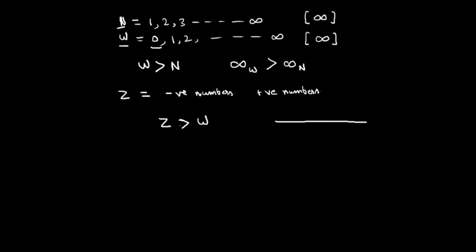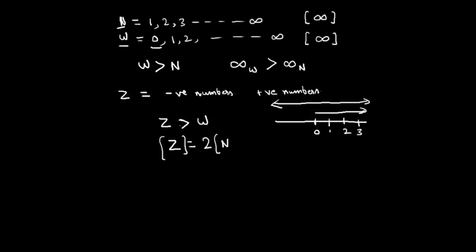Because if you draw a number line, whole numbers or natural numbers are only on this side, whereas integers would be on both sides, right? And you could actually say that if you look at the size of set Z, or group Z, it is 2 times the size of natural numbers or even whole numbers.